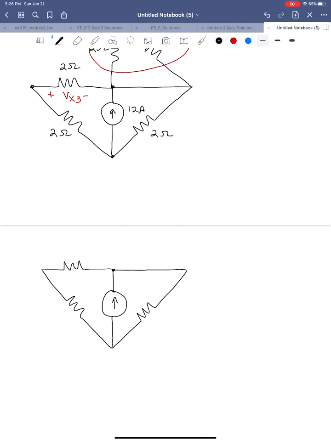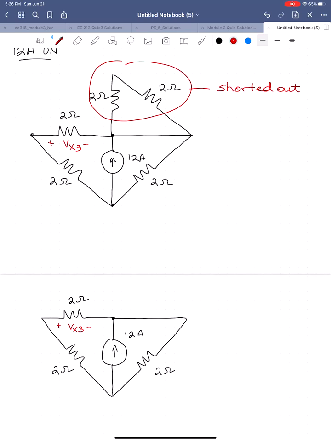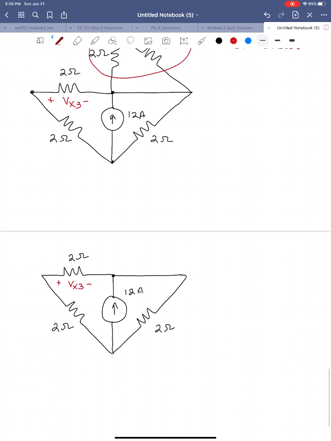So we have 12 amps here, 2 ohms here, 2 ohms here, 2 ohms here, and we have Vx3 there. This circuit is, again, solvable using a variety of methods. Getting rid of these 4 ohms here up top makes the circuit a little bit easier to solve.